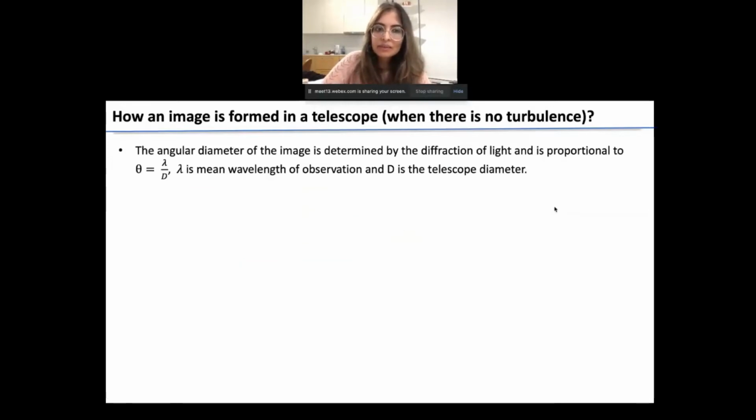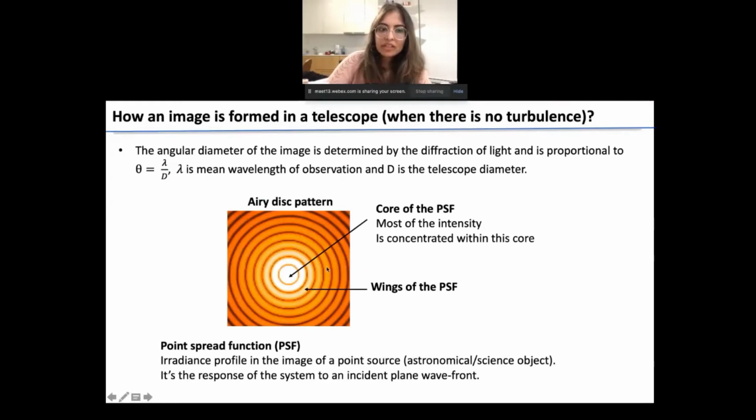Basically, when you point your telescope at a star and look at your detector, what you see is this. This is called the Airy pattern. This is the real image of a star that you see. This is really the diffraction that happens around the pupil of your telescope.